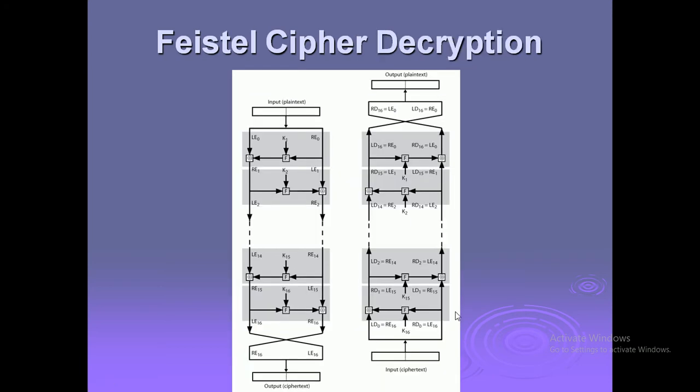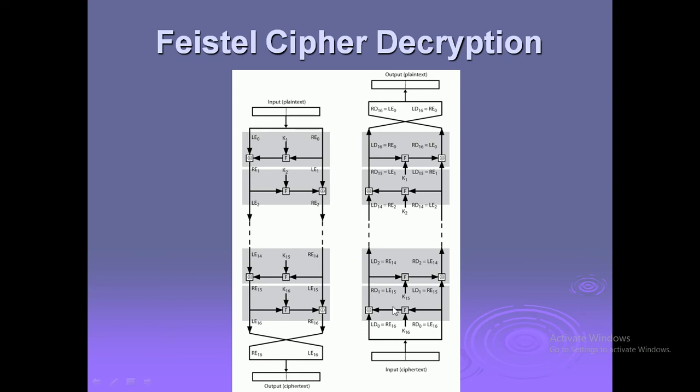This is the decryption in Feistel cipher. The decryption is just the reverse process of the encryption process. Here this is the input, the ciphertext, and this is divided into two parts, LD0 the left part and RD0 the right part.